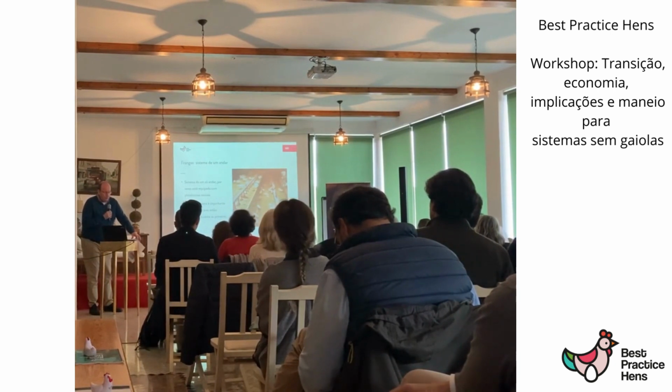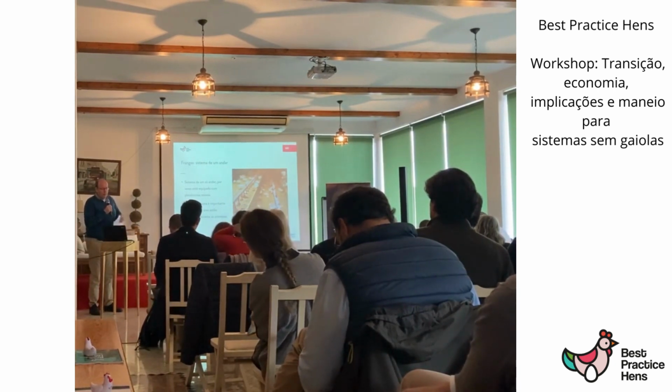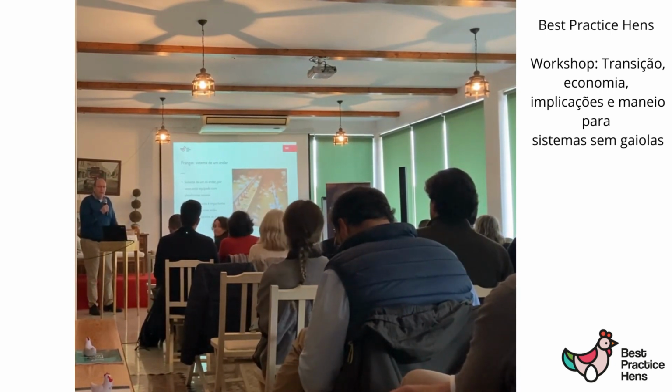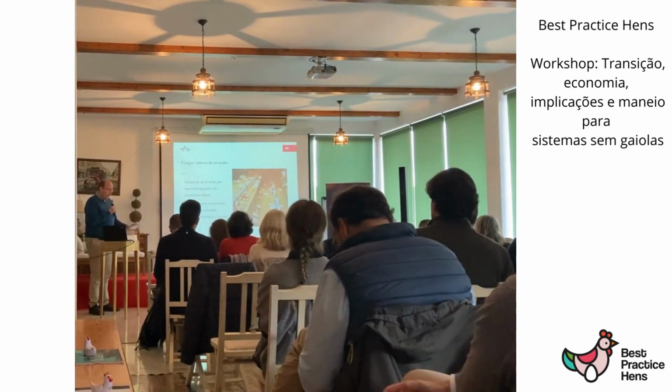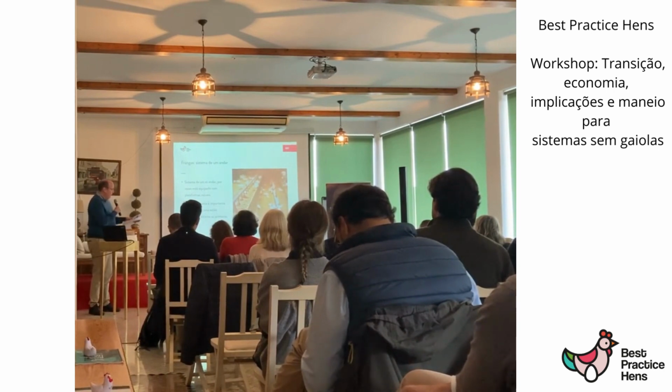If we then look at the single-tier system, so that's a slightly more complex system where you have a central tier. And sometimes it's also equipped with winchable platforms so that you can add more complexity as the birds get older. Also in a system like this, litter access is important.